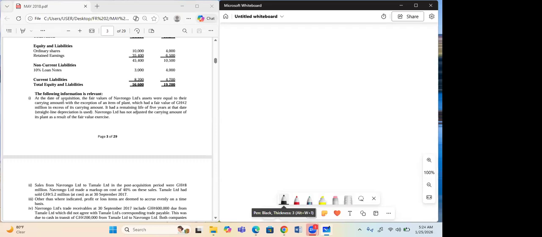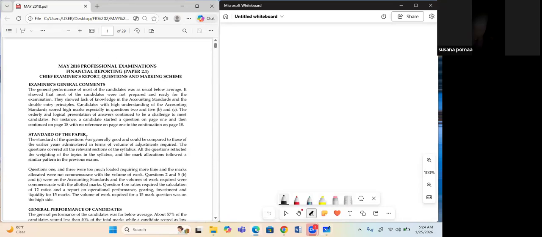Listen carefully. When you make a clear assessment of students' performance, check the chief examiner's comments. Let's look at the examiner's comments here.